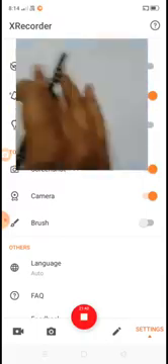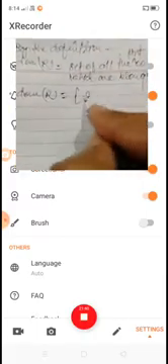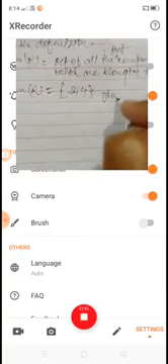So the domain of R is {2, 4}. This is one answer.